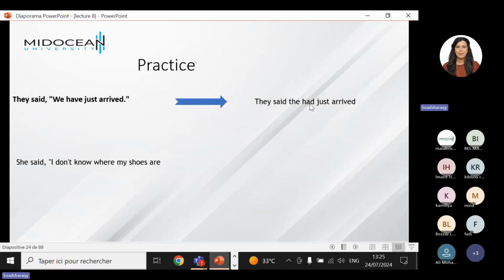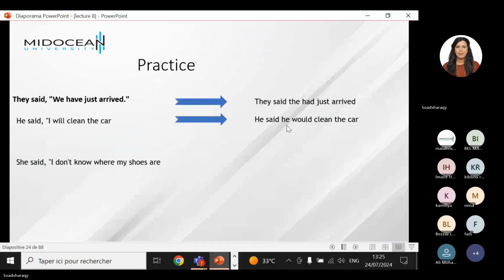Again, he said, I will clean the car. Reported speech: he said he would. So as you see here, will is transformed into would. So he said he would clean the car. She said, I didn't say that.